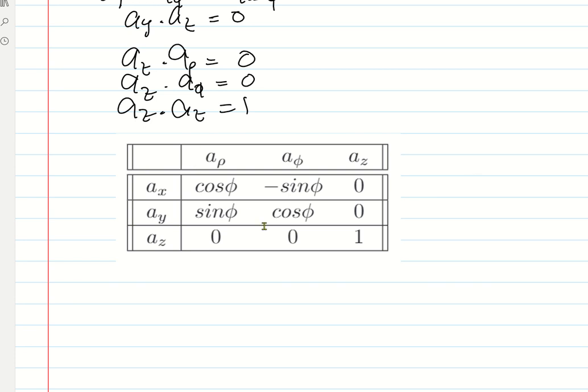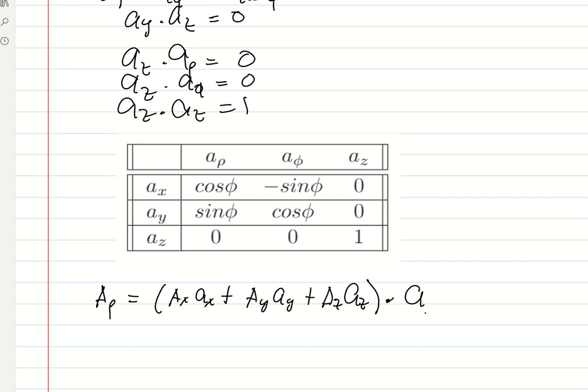So now, if we want to solve for the components in cylindrical coordinates, A arrow, this is just the vector in rectangular, AX plus AY plus AZ. Then we dot this with arrow because we are solving for capital arrow.